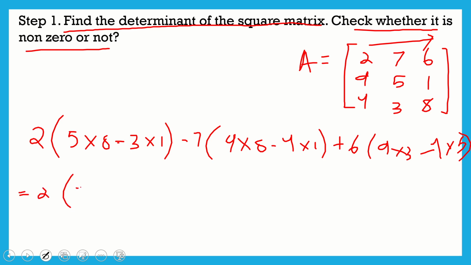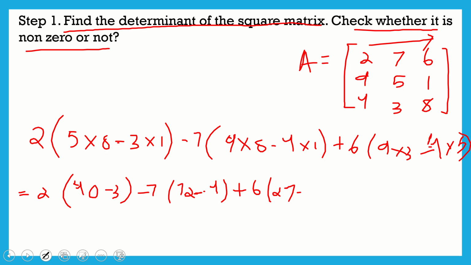So 2 times of it is 40 minus 3 minus 7 times of it is 9, right? 72 minus 4 plus 6 into 27 minus it is 4 into 3, right? 4 into 3, which is 12.